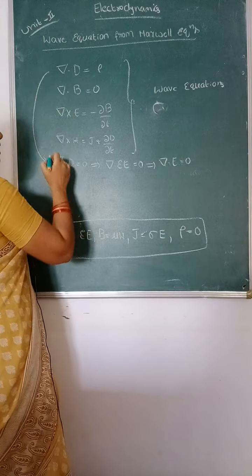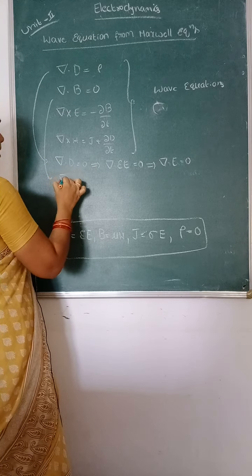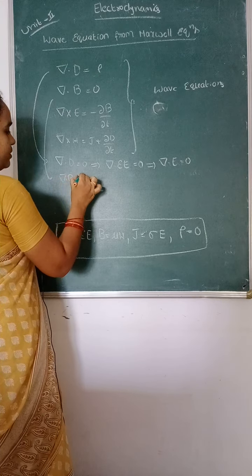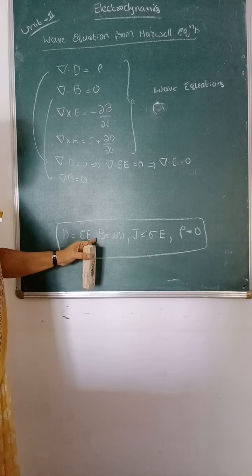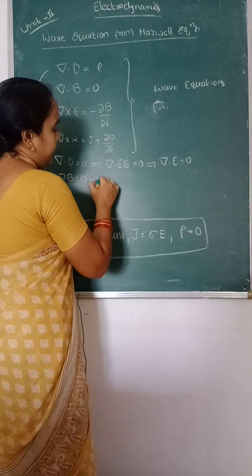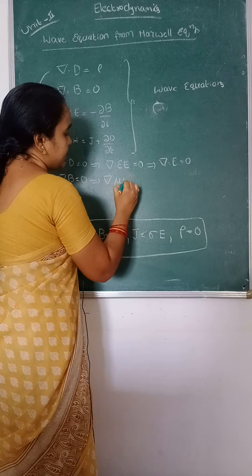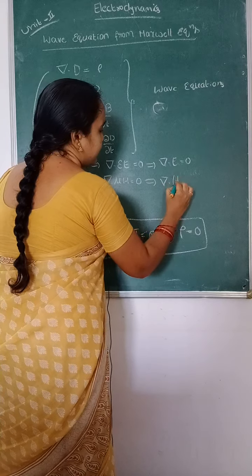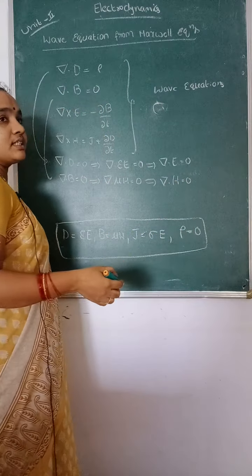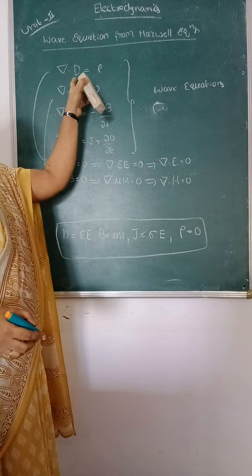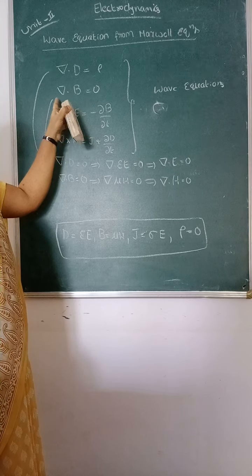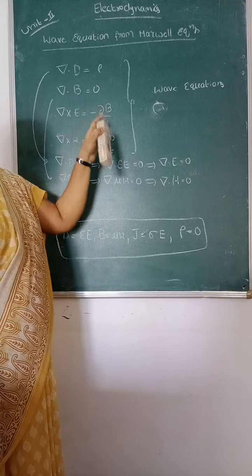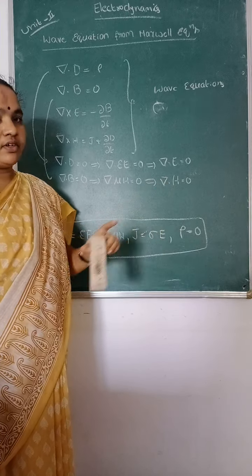And the second equation is del dot B is equal to 0. What is B? B is equal to mu H. Then del dot mu H is equal to 0, which implies del dot H is equal to 0. So the first equation is converted from del dot D is equal to rho to del dot E is equal to 0. The second equation, del dot B is equal to 0, is converted to del dot H is equal to 0.